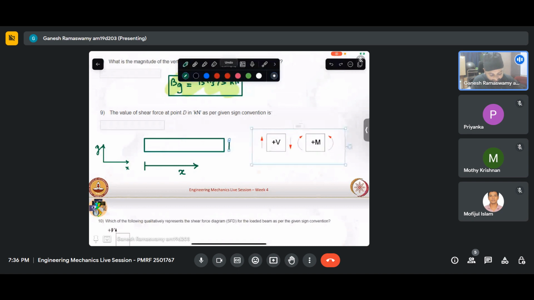Shear force will always be pointing downwards when I take a section like that.